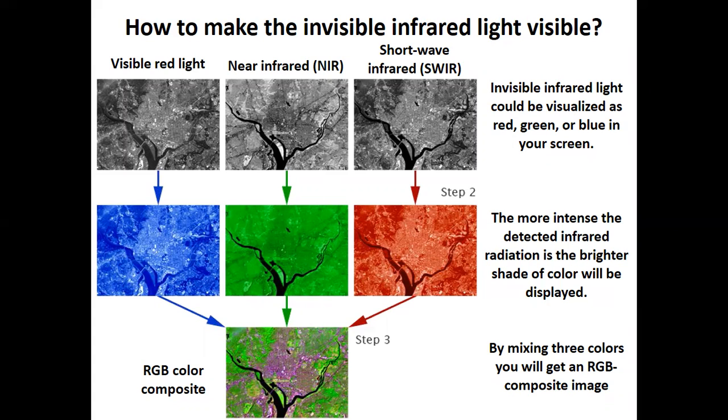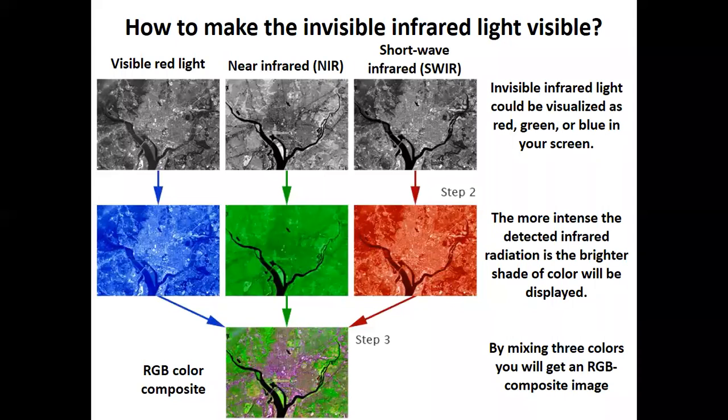Different kinds of infrared light could be recorded separately. And of course, you could somehow visualize the results of this measurement as shades of gray. The more intensive the infrared light, the brighter or darker it will be in the image.